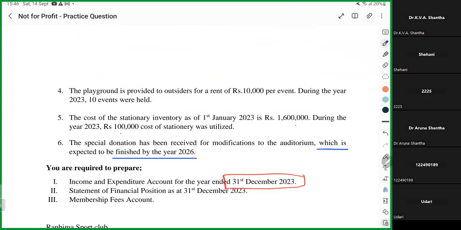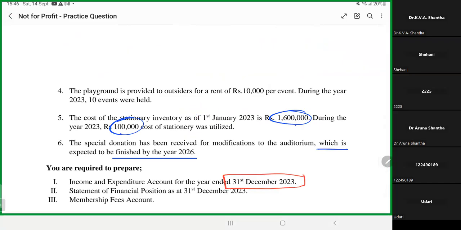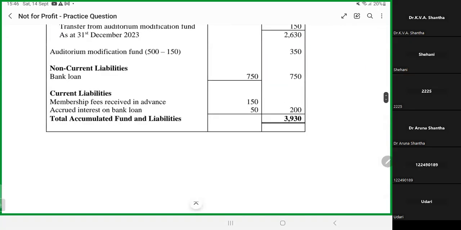Then how much stock at the end? 1,600 you had, 100 utilized, so stock at the end should be 1,500. So stationary stock at the end, 1,500.